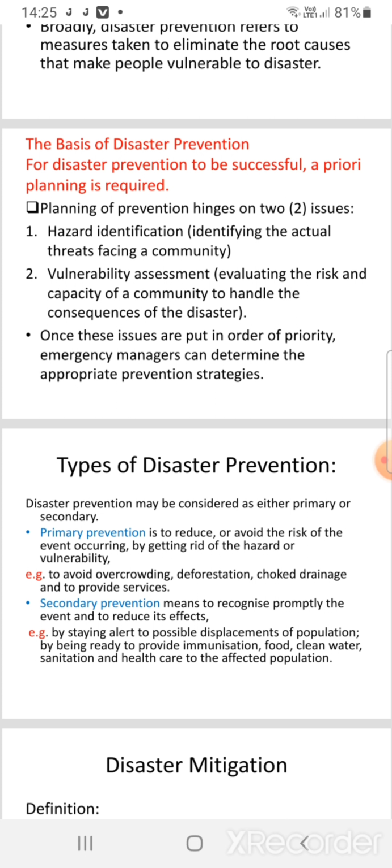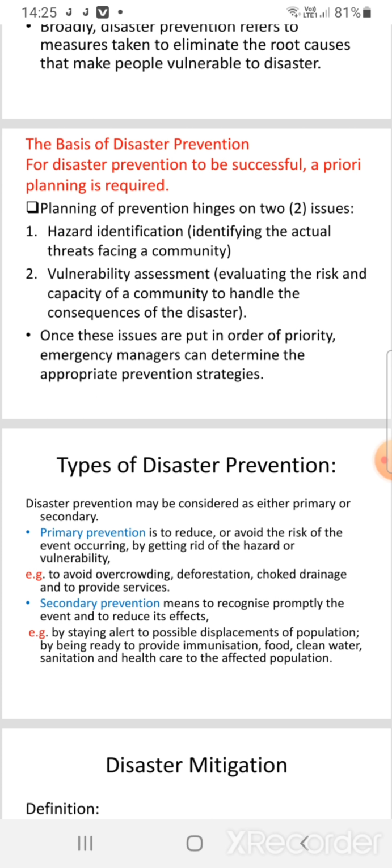That is, evaluating the risk, evaluating the capacity of the community to handle the consequences of a disaster. So priority number one is identification of the hazard. Next is vulnerability assessment, which involves understanding the risk and capacity of the community. Once these issues are put in order of priority, emergency managers can determine the appropriate prevention strategies.